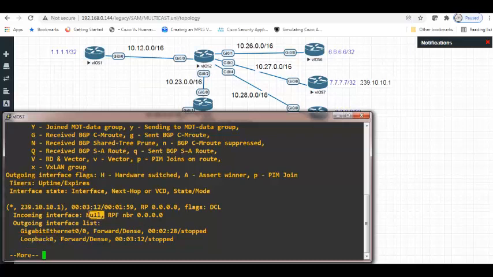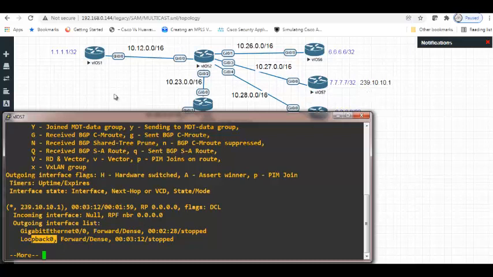There is no incoming interface because there is no traffic coming with this destination so far. It says if I receive any traffic, I'm ready to forward it on all these interfaces, because this router has got these 2 interfaces and there is a member on the loopback who wants to receive it.